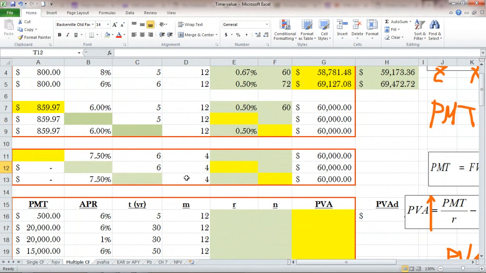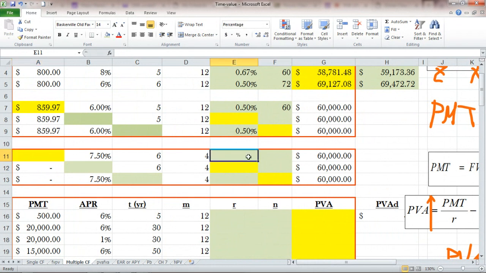Let's do another example. So it's pretty much the same scenario, but the only difference is that now your timeline is 6 years and your APR is 7.5 and the compounding is quarterly. And if that's the case, what should be the exact quarterly payment?